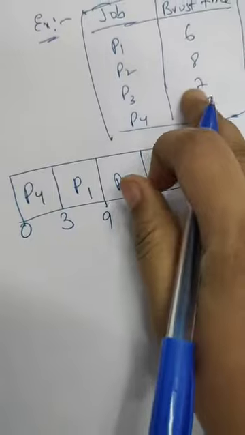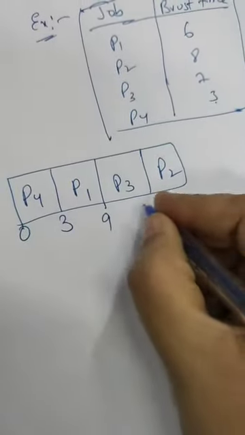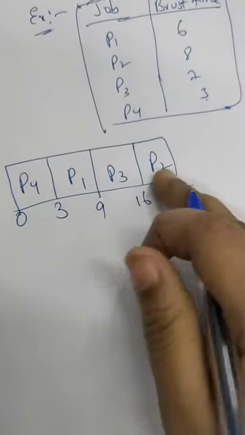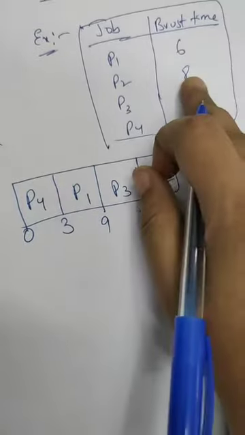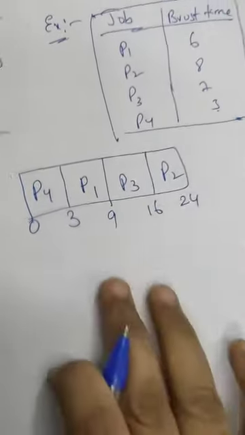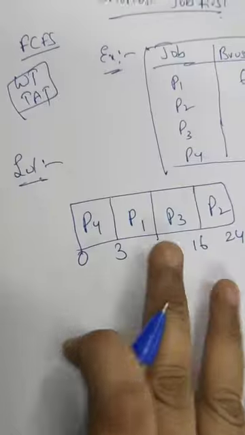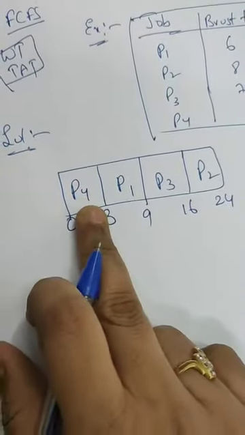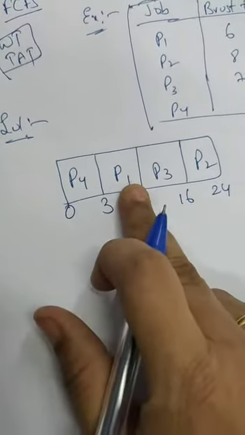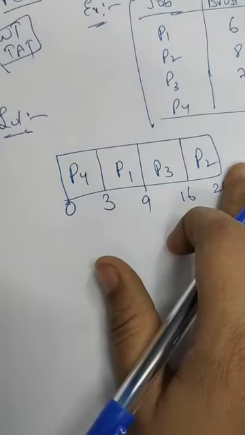For P3 it is 9 plus 7, that is 16. For P2 it is 16 plus 8, that is 24. So the first job P4 is scheduled because it is the smallest one, then P1, then P3, and the last one is P2.